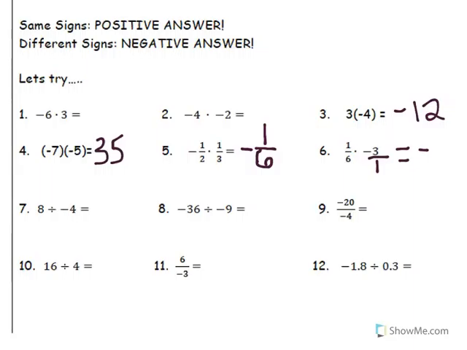Let's multiply the denominator straight across. 1 times 3 over 6 times 1. Okay, we need to reduce this fraction. Negative 3/6 becomes negative 1/2. Perfect.